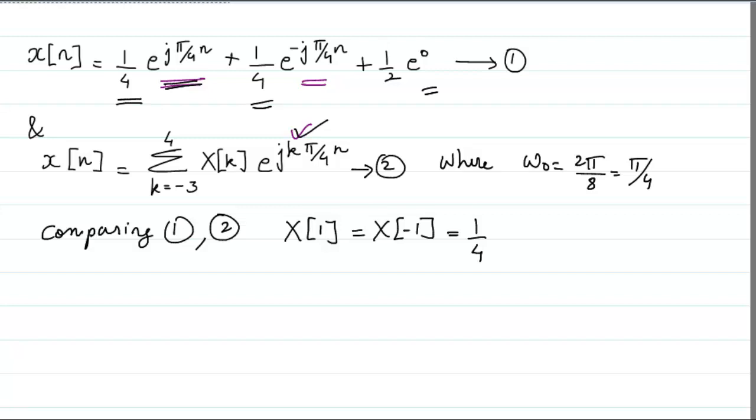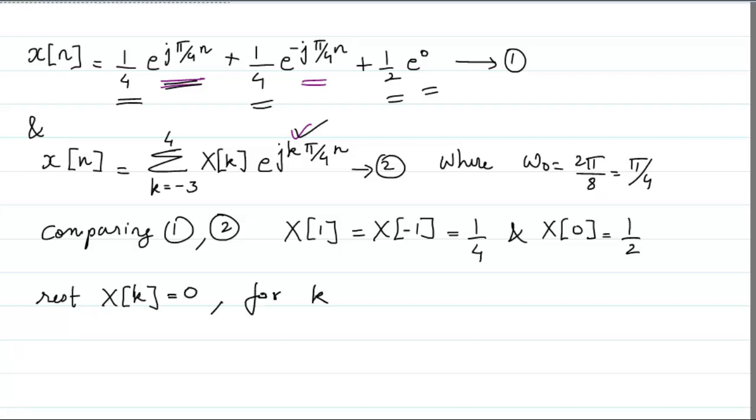So x of 0 is equal to how much? 1 by 2. Rest all the values, rest x of k, will be equal to 0 for k, which are the values of k? It is starting from minus 3.